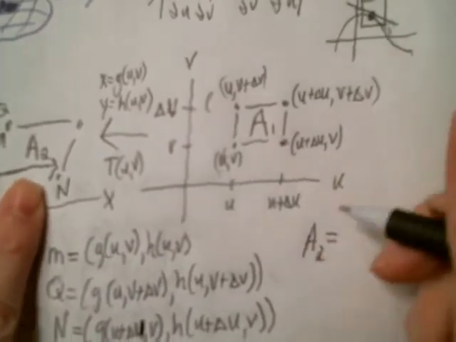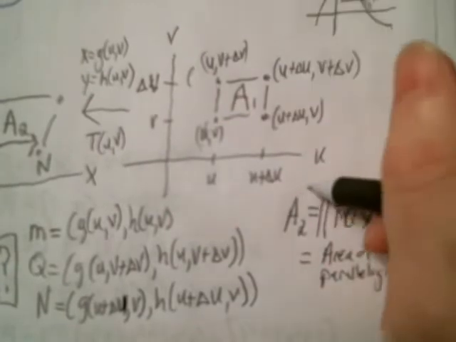So why I'm after the vectors is because the area of this parallelogram A2 will be equal to the magnitude of the cross product of MQ and MN. Okay, and this fact is from way back in 11 point something, when we first introduced the cross products.